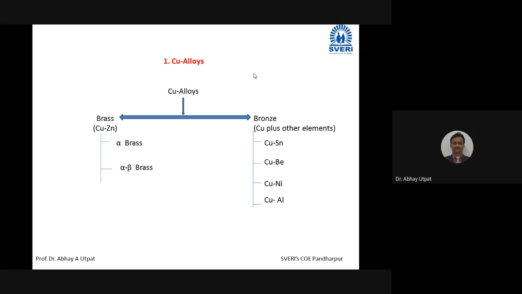First, on the left hand side you are observing copper and zinc, that is brass, and on the right hand side copper plus other elements other than zinc. Copper plus other elements, these are called bronzes. Now, copper zinc is further divided into two alloys, alpha brass and alpha beta brass.